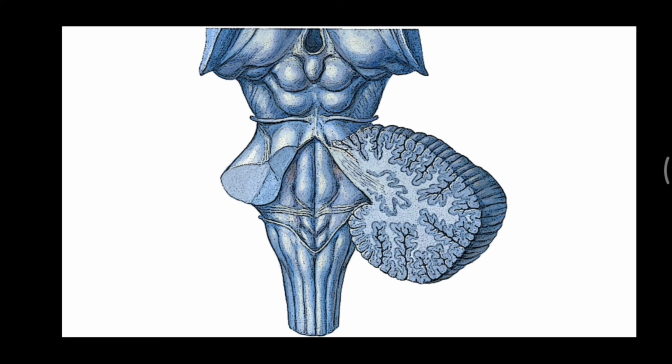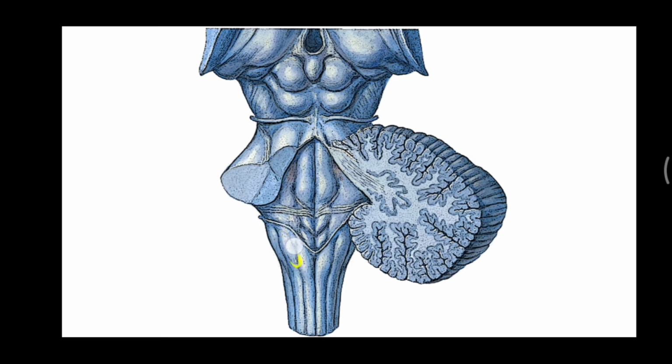The clava, that is the gracile tubercle, which is present over this region, is an elevation at the cranial end of the fasciculus gracilis and is produced by the nucleus gracilis, into which the fibers of the fasciculus make synaptic relay. The fasciculus cuneatus ends in the nucleus cuneatus for synaptic relay beneath the cuneate tubercle.